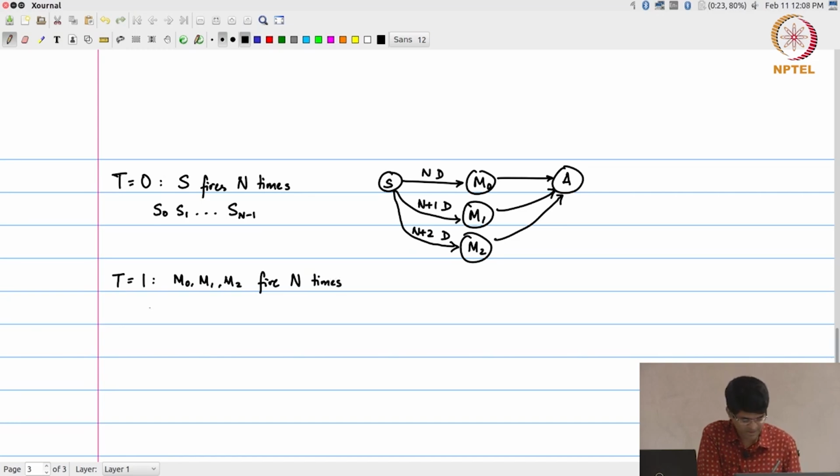So that basically becomes the sequence M00, M01 up to M0 n minus 1, M10, M11 up to M1 n minus 1, and M20, M21 up to M2 n minus 1. Which means that after this process, my data flow graph now looks like this.